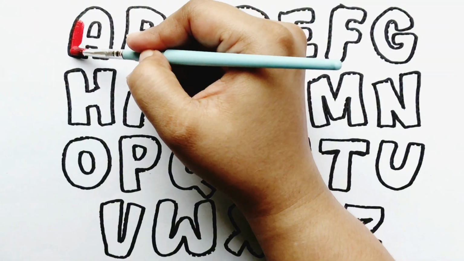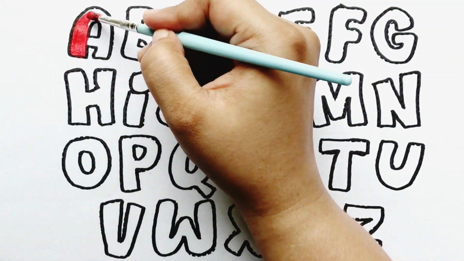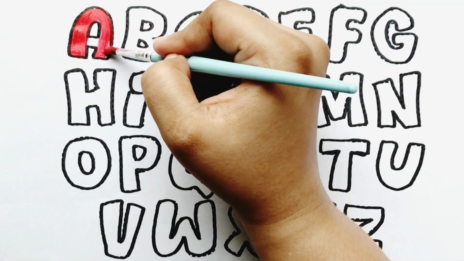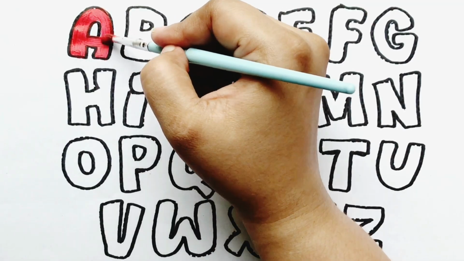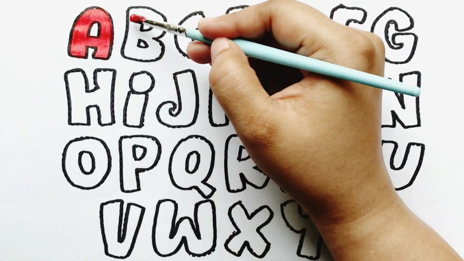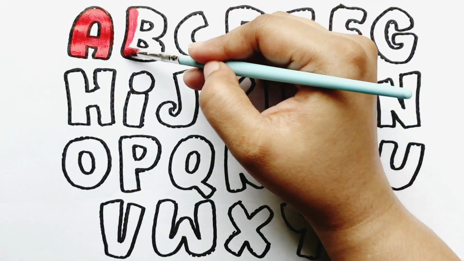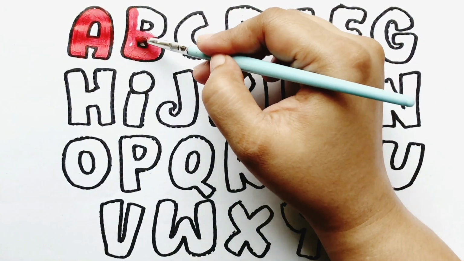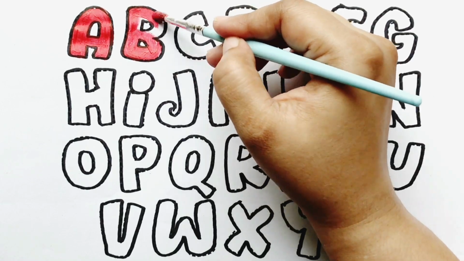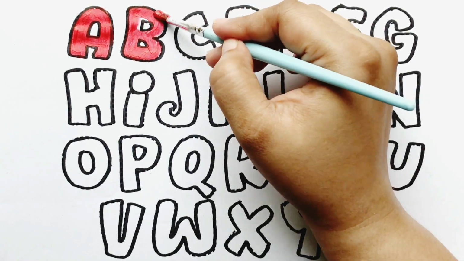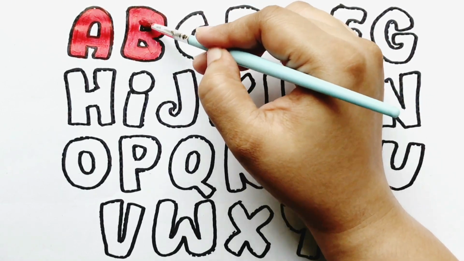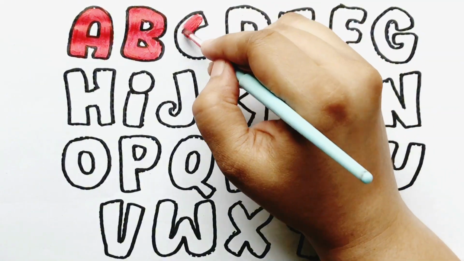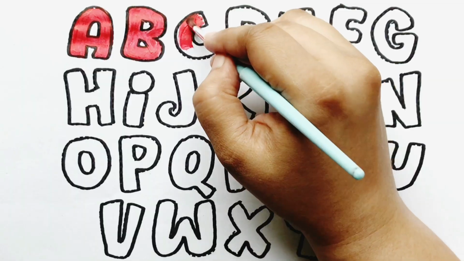Let's paint red color. Capital letter A for alligator. B for broccoli. C for cow.